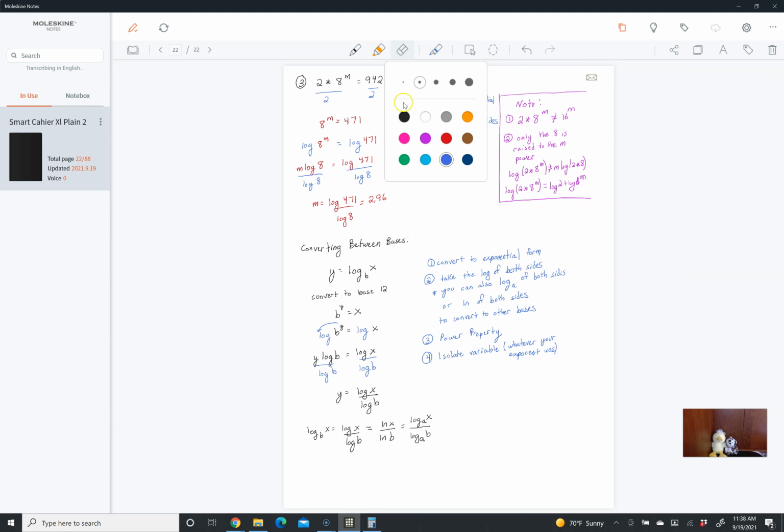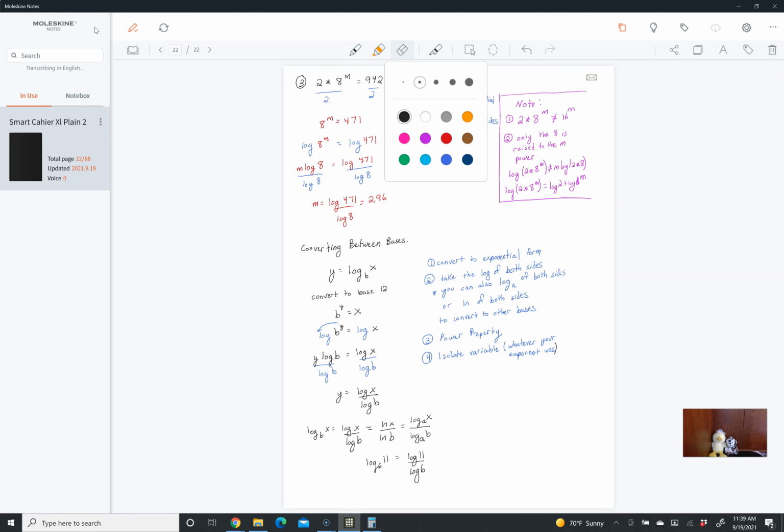So in other words, log base 6 of 11 is equal to log of 11 over log of 6. You don't have to go through this whole process. You can just do the conversion.